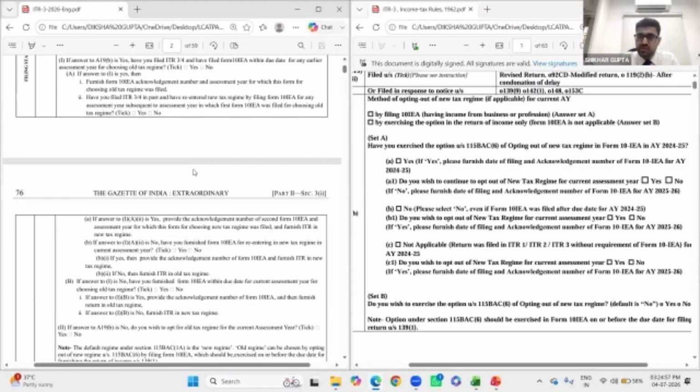Finance Act 23 had made this change applicable from assessment year 24-25.